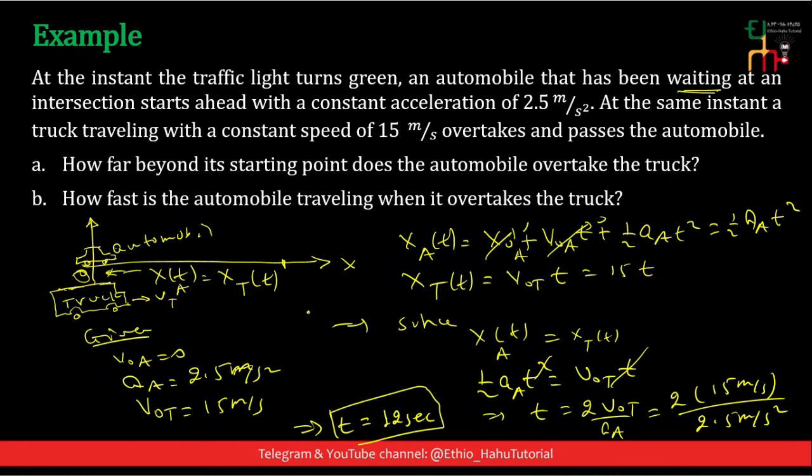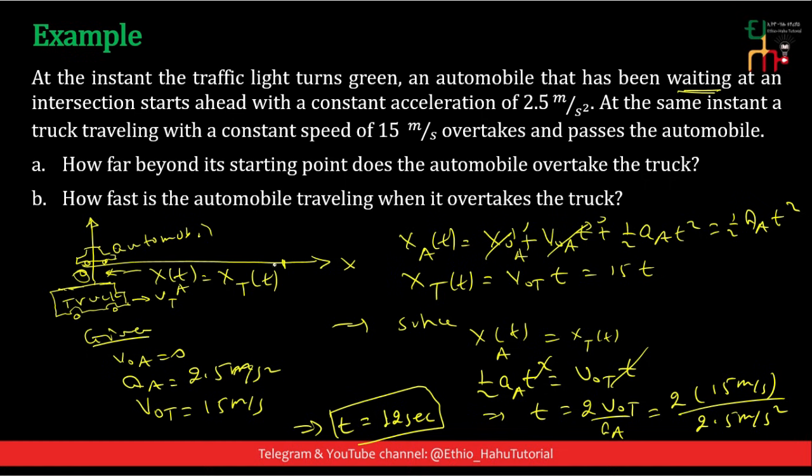The time required to reach this point is 12 seconds, because after 12 seconds, the automobile overtakes the truck. Next, we need to find the distance traveled by the automobile, because the question is how far beyond its starting point does the automobile overtake the truck.